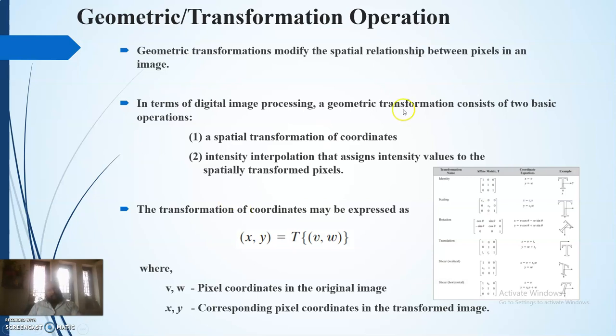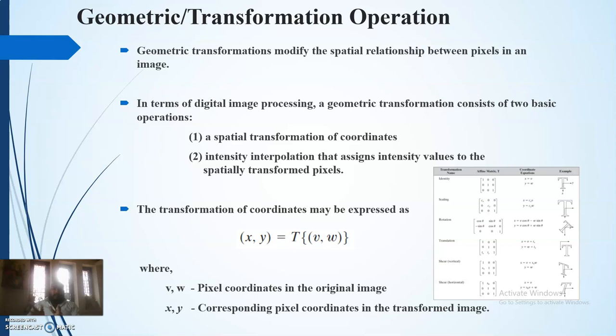Actually we can change the image by scaling: the image can be zoomed or reduced. By carrying out rotation, the image is moved in angular displacement. In translation, the image is moved from one position to another.